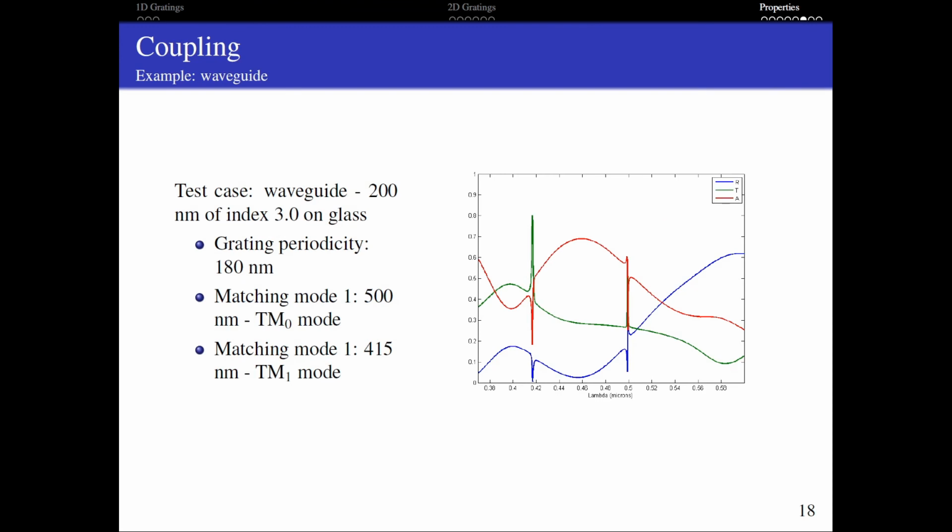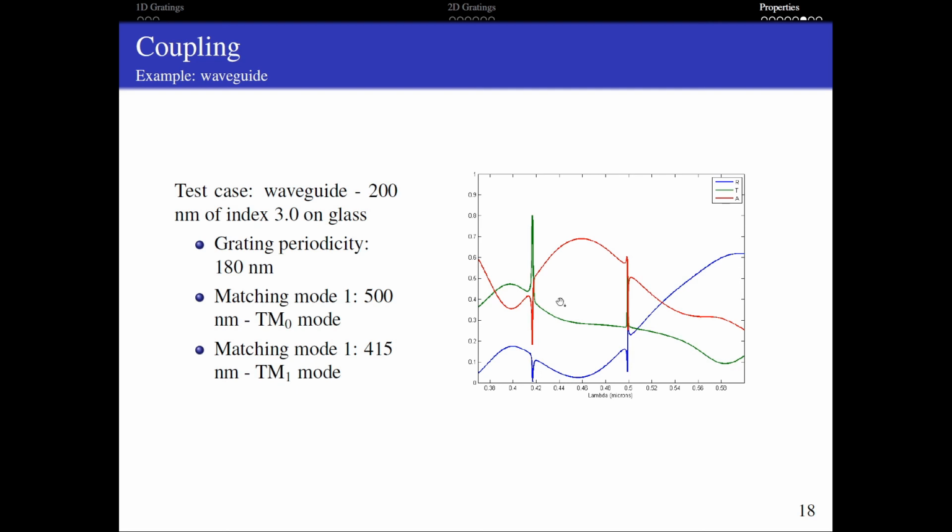Let's look at an example, for instance. This comes from FDTD simulations. In this case, we have a waveguide of 200 nanometers of index 3, and on top of this, there is a grating with a periodicity of 180 nanometers. When you compute the response of this, you see sharp peaks inside.